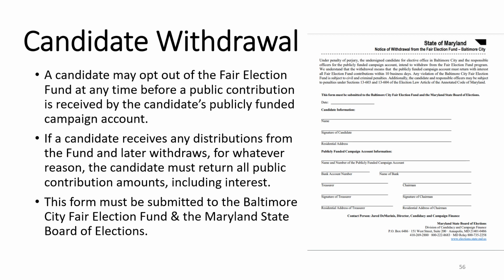However, the director, in consultation with the commission, may reduce any personal repayment liability if the withdrawal was due to health reasons or other reasons outside the candidate's control. Personal financial hardship may also be considered. This form must be submitted to the Fair Election Fund and to the State Board of Elections.